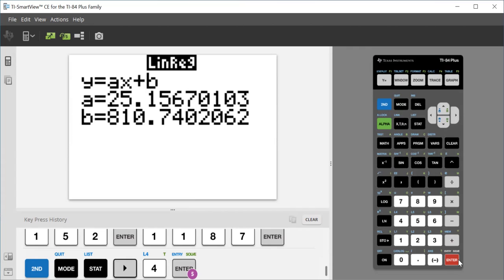So first, let's just write that down. So let me write this down and then I'll go to my screen and show you what I wrote. 25.1567x plus 810.7402. And it's a good rule of thumb, you just want to write down 4 decimal places.